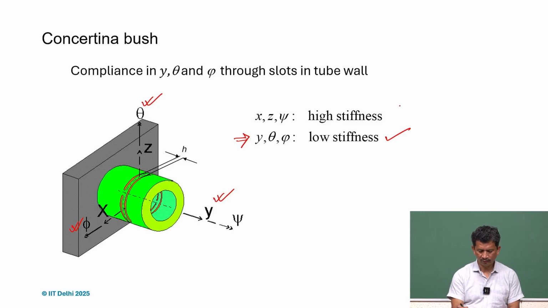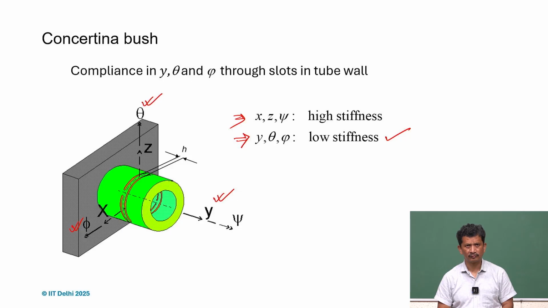At the same time, the constrained directions are quite obvious: in x and z direction it cannot move. Similarly, since it's a thick wall and t is substantial, we cannot rotate along the center line either, so we get high stiffness along these directions.